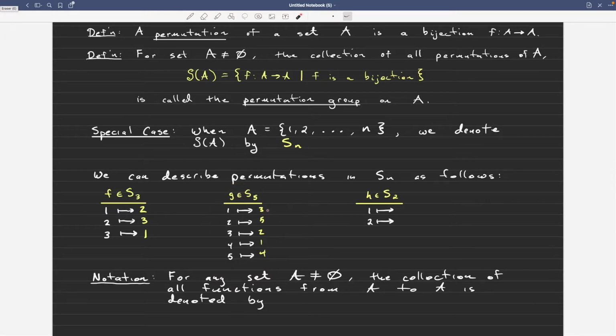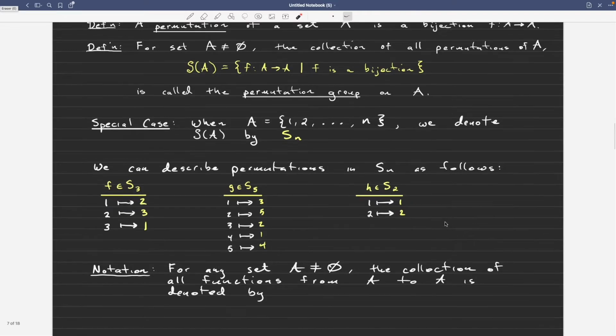Notice again, if I look at the output values, I get 1, 2, 3, 4, 5, so it's onto, and I don't see any repeated values, so it's 1 to 1. So it's a bijection. I could even do one in S2. That one's really simple. There's not very many choices to have here. I could have 1 goes to 1 and 2 goes to 2. Again, the range is 1 and 2, so it's onto, and I don't have any repeated values, so it's 1 to 1.